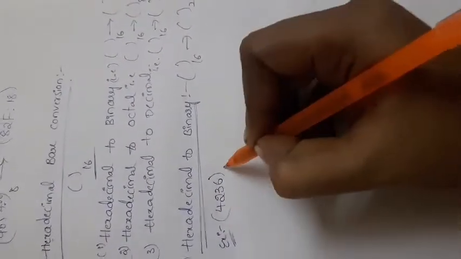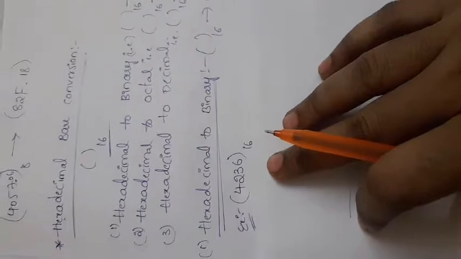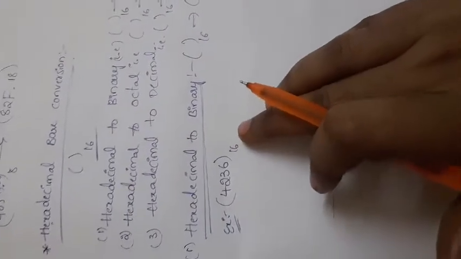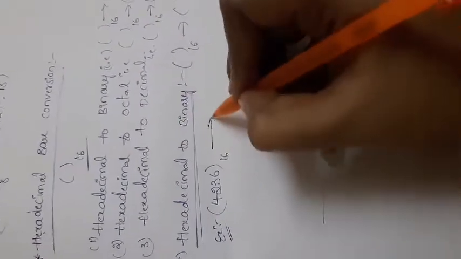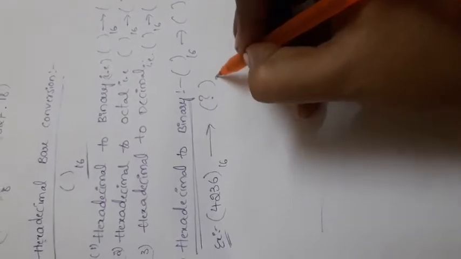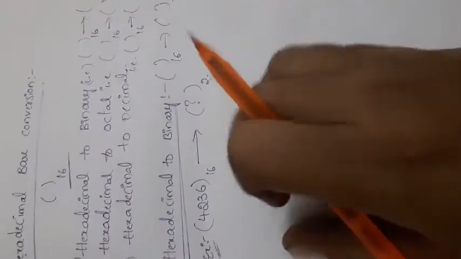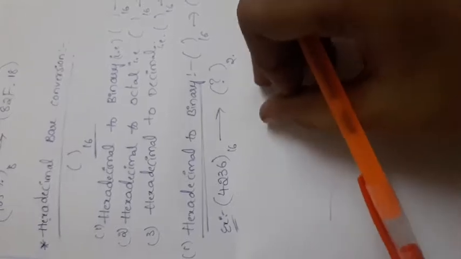Generally we call this a hexadecimal number, that's why the base is 16. Now this will be converted to binary. What is the procedure to convert a hexadecimal number to a binary number?